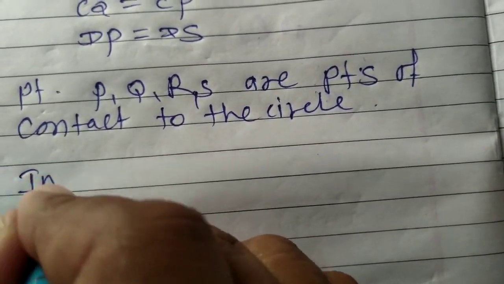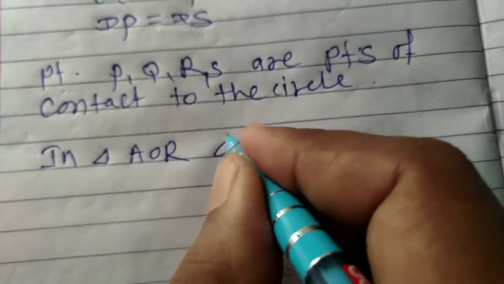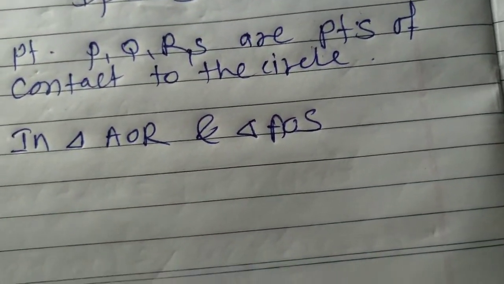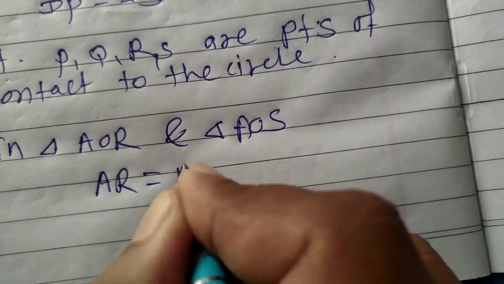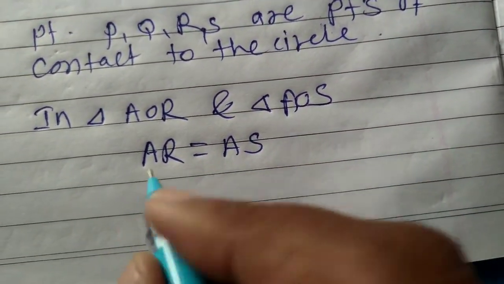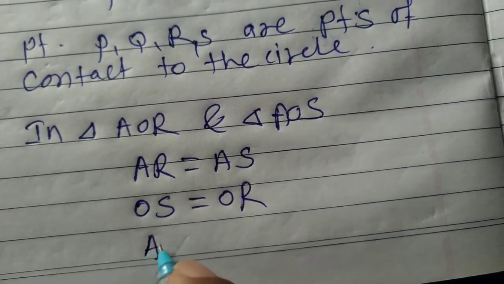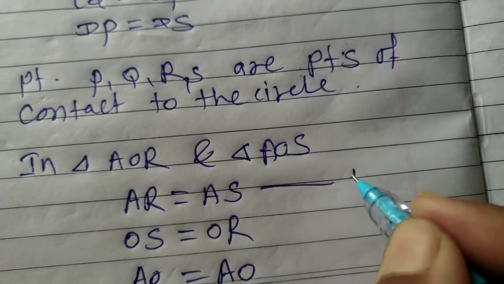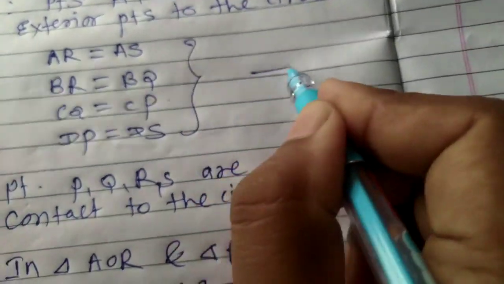Write that down. In triangle AOR and triangle AOS, AR equals AS, label this as equation 1.